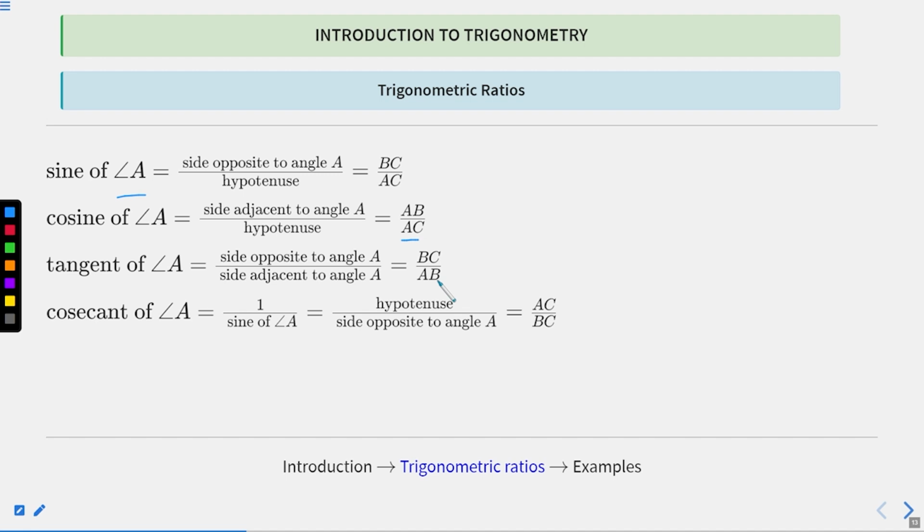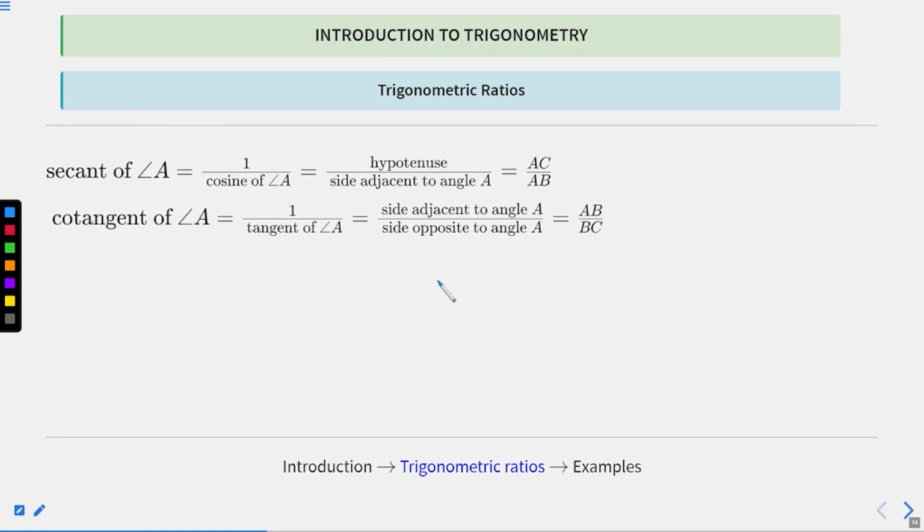Cosecant of angle A is equal to 1 over sine of angle A. We know sine of angle A is the side opposite to angle A divided by the hypotenuse, equal to BC over AC. So cosecant of angle A is the hypotenuse divided by the side opposite to angle A, equal to AC over BC.